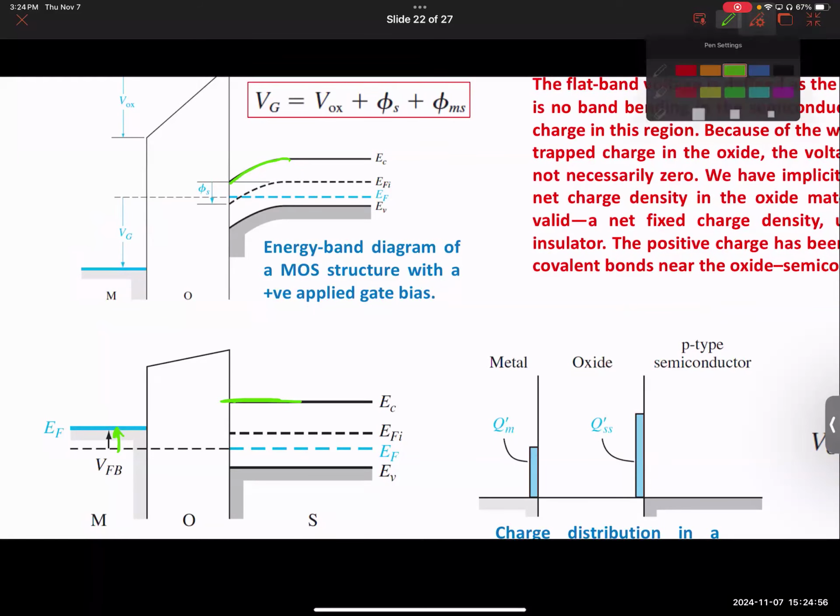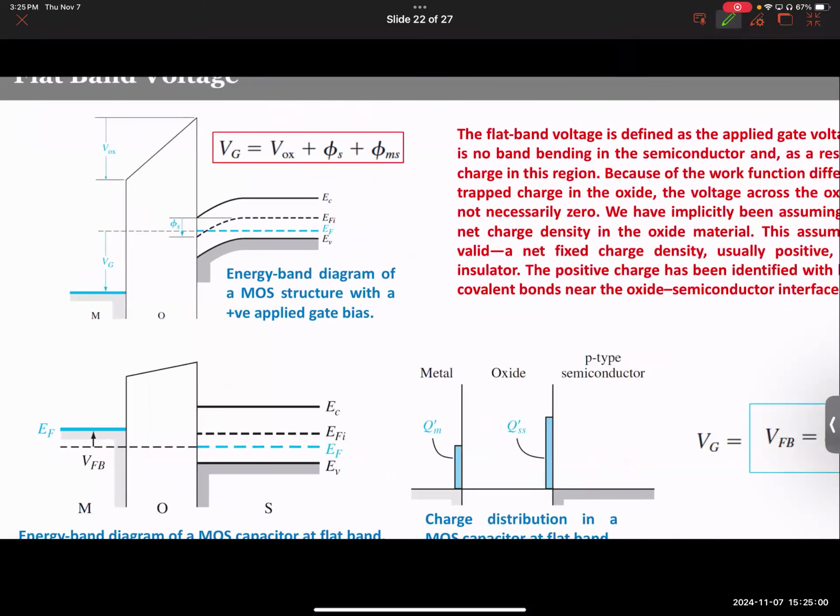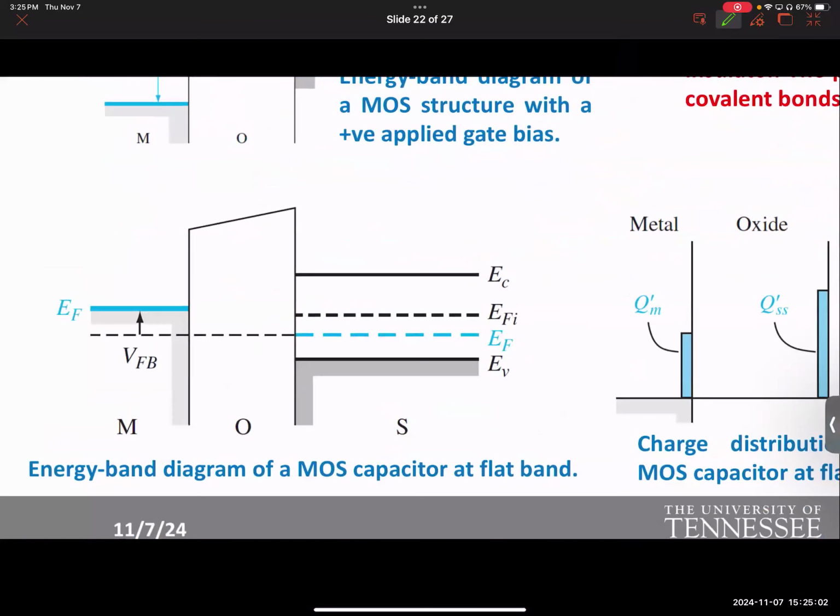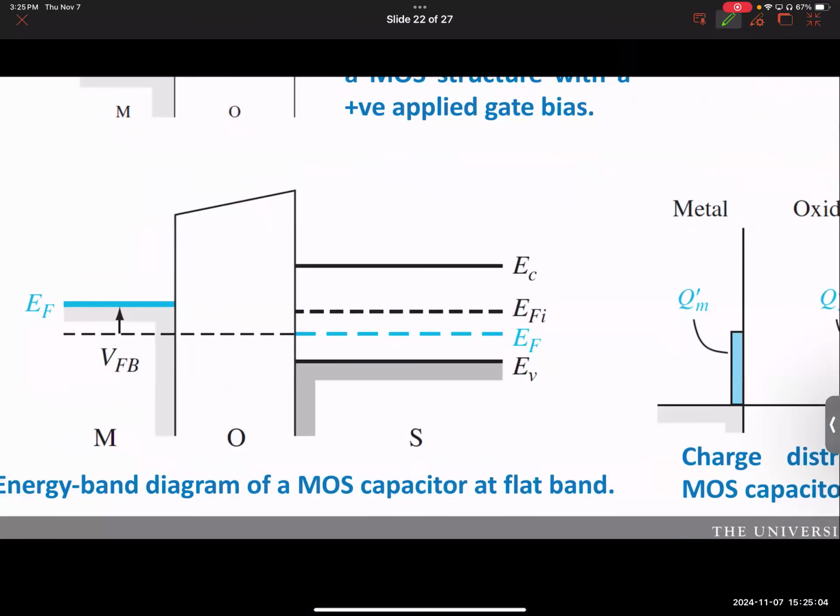So you have to apply some voltage to, let me just zoom into this section again. Notice, if the Fermi level were exactly the same everywhere, this would be thermal equilibrium. At thermal equilibrium, you don't get flat bands, you get bent bands like this. Still with me?